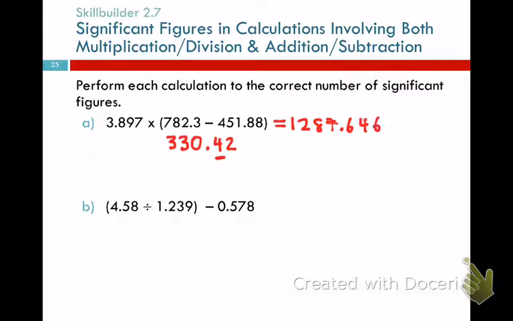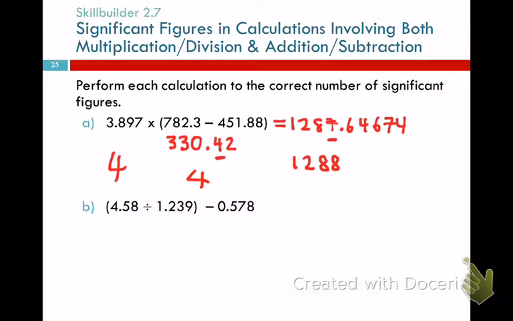There we go. Now I know this one to 4 sig figs, and I know this to 4 sig figs. So this answer, 4 sig figs, I'm going to round it to the 7 place. So that becomes 1288.